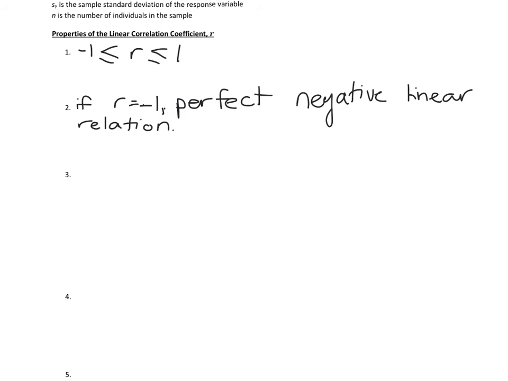All right, so your scattered diagram would just be a perfect negative line. And then on the flip side, if r equals 1, that's a perfect positive linear relation.